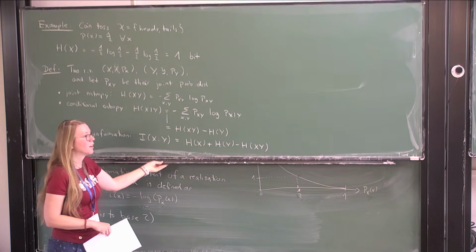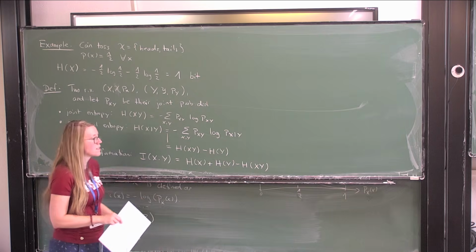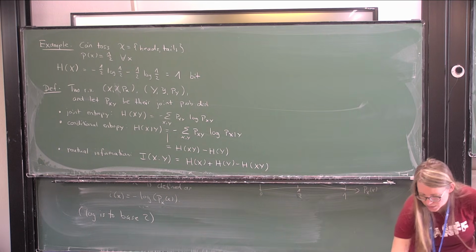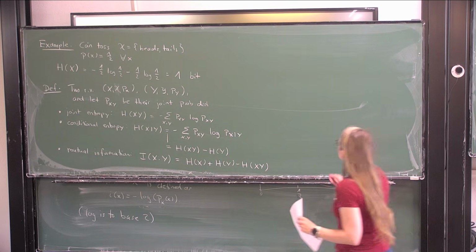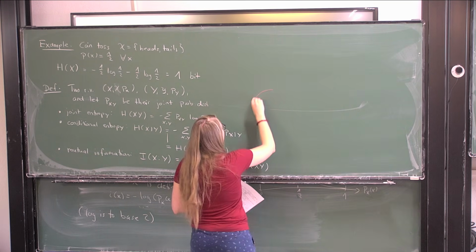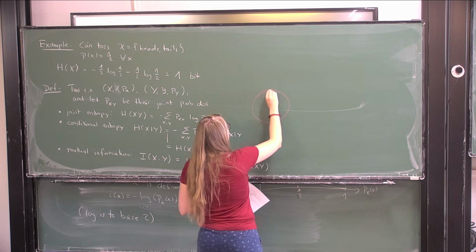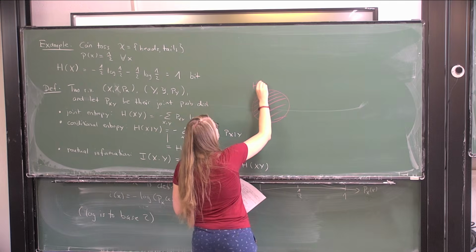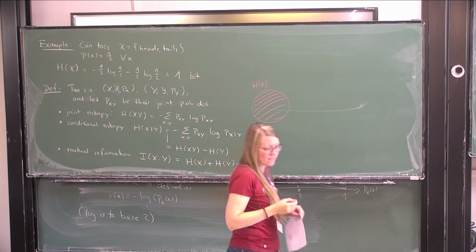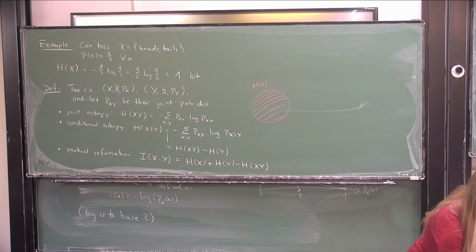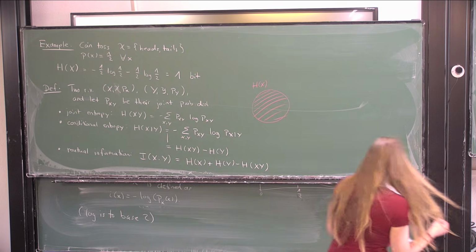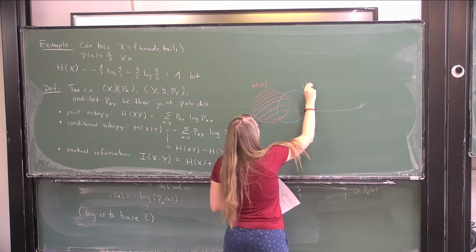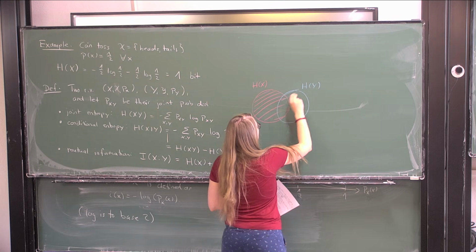Okay. You can very nicely visualize the relationship between these entropies by drawing a little circle. So, this circle describes H(x). Another circle describes H(y).